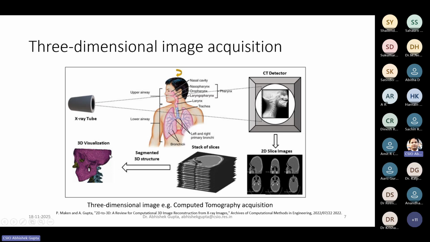This visualization is not a surface visualization. You can go inside the body. You can see the intensity value or the voxel value at every coordinate, every 3D geometry. The problem is you need sufficient software facility which allows you to go inside the body and visualize a particular organ or a particular pathology.